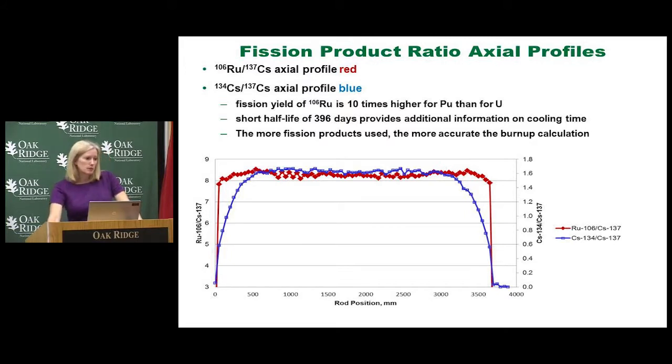So it's one more piece of the puzzle, along with other information, that we can use to determine how much plutonium is in the fuel. You can see this red on the axial profile, and if you're looking at plutonium fission, it drops down near the ends. It's not very sensitive to the amount of plutonium, but it does give you a little bit of information that the plutonium is decreased along the axial profile.